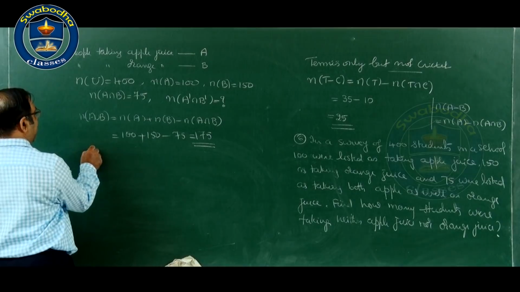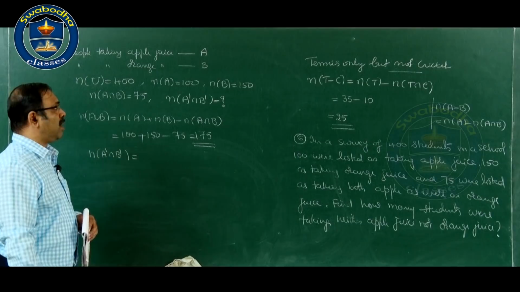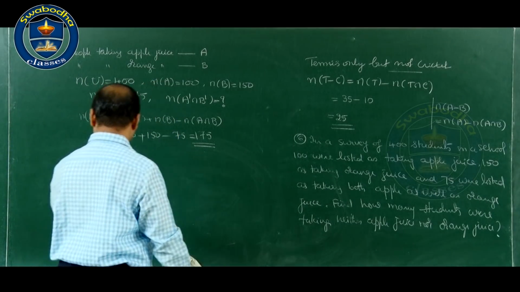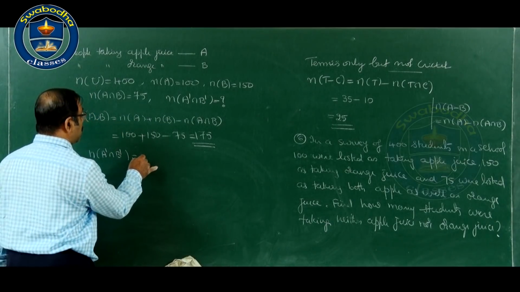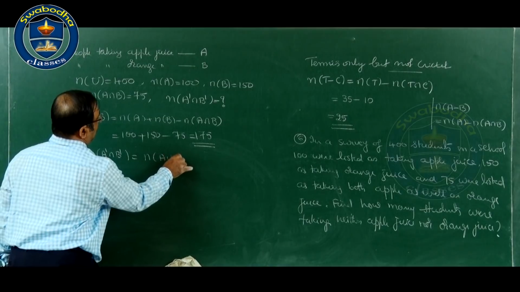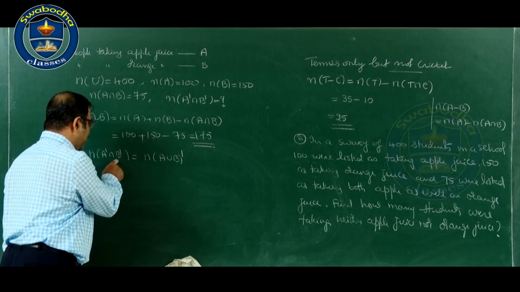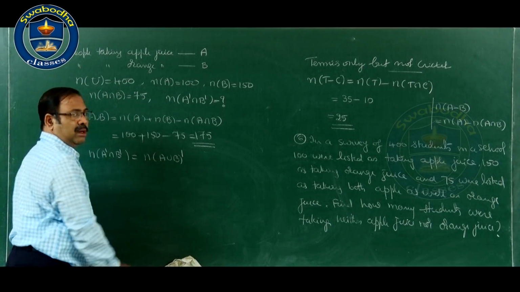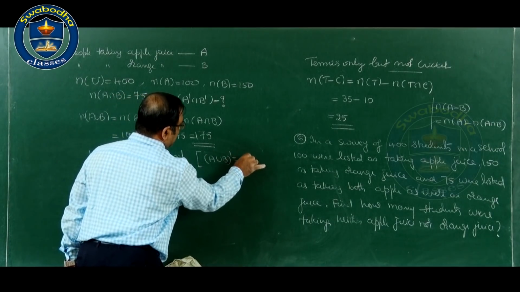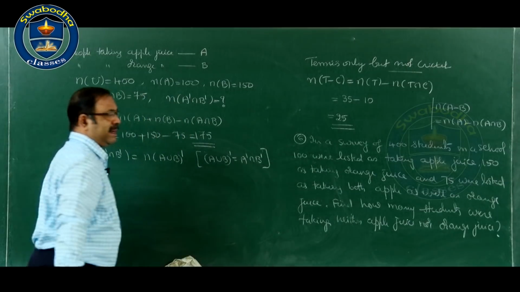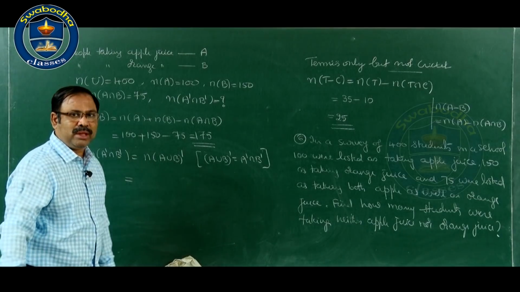Now I am writing N of A complement intersection B complement. By De Morgan's rule, A complement intersection B complement is the complement of A union B. So what is N of A union B complement?